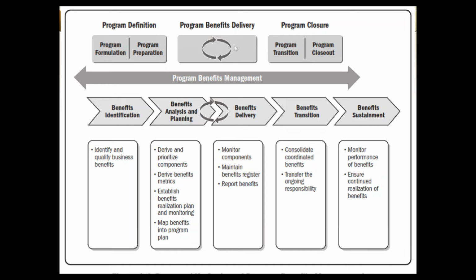The overall program benefit management cycle will happen iteratively, and that will involve the analysis and planning and the delivery. And the program closure will include the transition and close out of the program. The program will be closed out, sustenance will continue, and we will only leave the sustenance when we are sure that everything is in order.